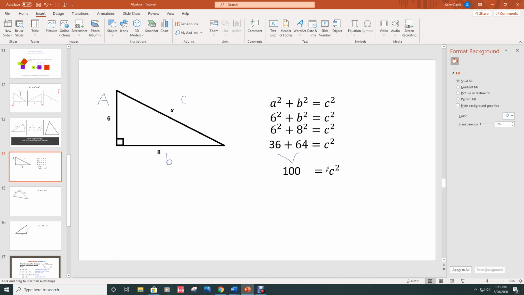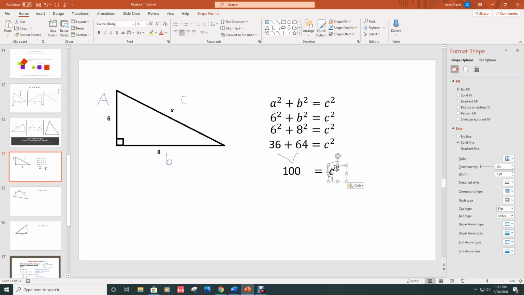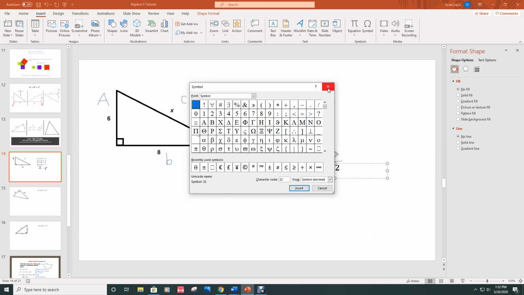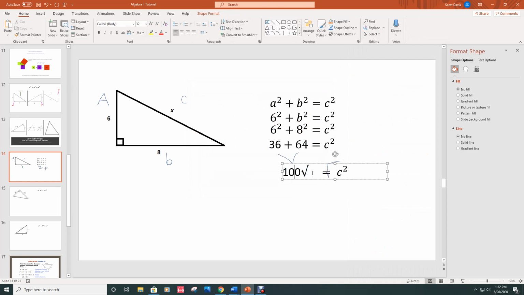So I'm going to draw an ugly square root here. Here we go, square root, and we're going to square root again. Square root there on that 100. I don't like it. Sorry, I just can't leave it ugly. Let's get a square root on this 100 here.